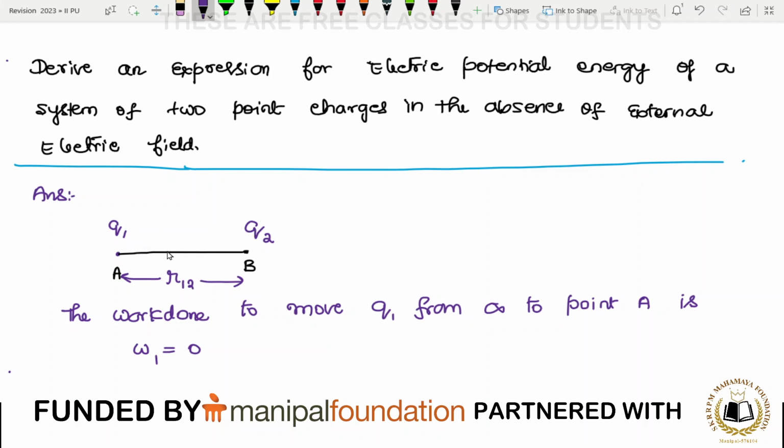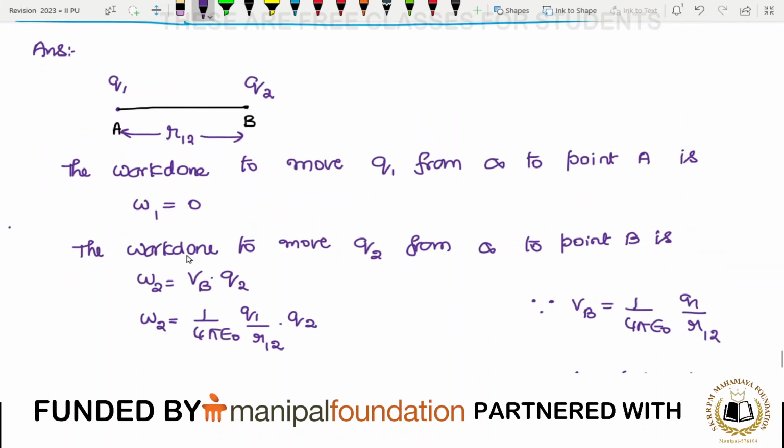Therefore, the work done is the potential at B multiplied by the charge Q2. What is the potential at B? Earlier only one charge was present, which was Q1. So it is 1 by 4 pi epsilon naught Q1 divided by R12, into Q2. So VB is 1 by 4 pi epsilon naught Q1 divided by R12.